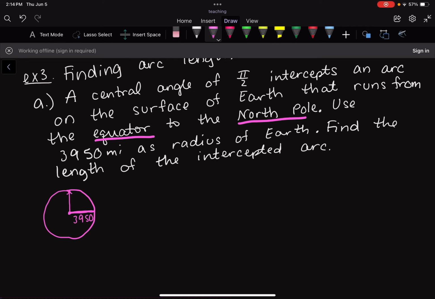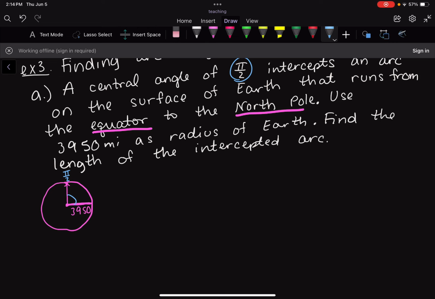And my central angle is pi over 2, which makes sense, because if I'm thinking of this as a coordinate plane, 90 degrees is pi over 2 if I look up like that. So we're looking for this length S on the outside.